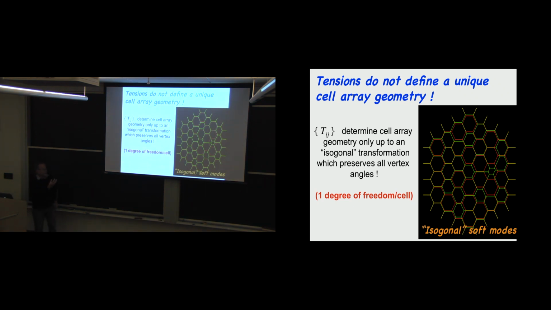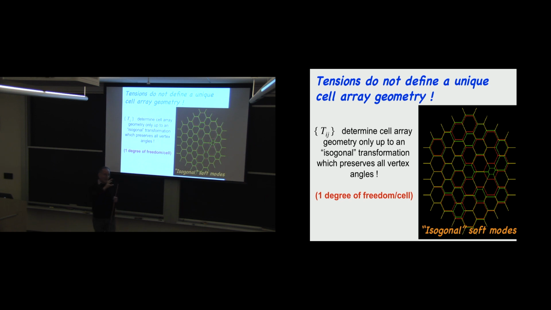So now the thought is that the space of mechanical equilibrium states, in fact, is not a unique tiling, but the whole high-dimensional manifold of tilings, which means that if you perturb the mechanical equilibrium and then you come back, you don't have to come back to the same place, right?